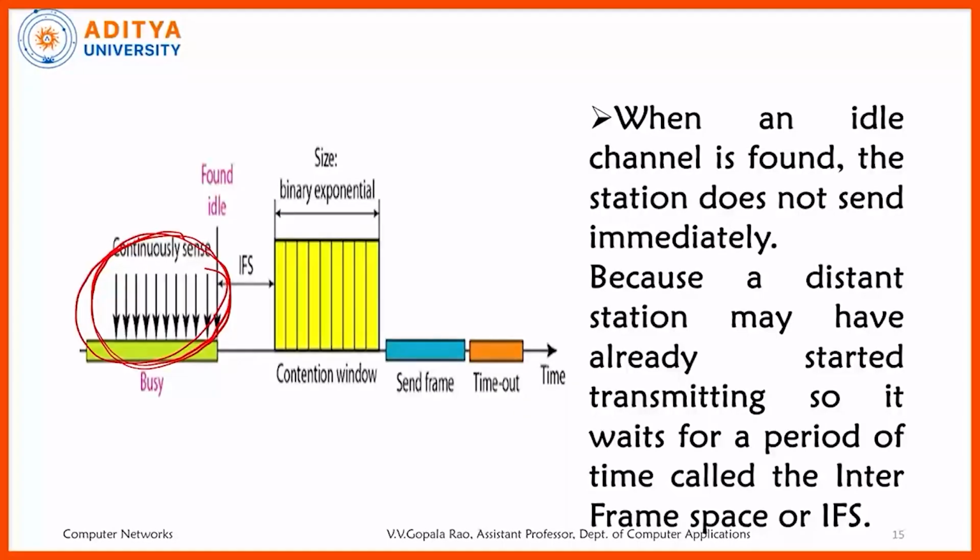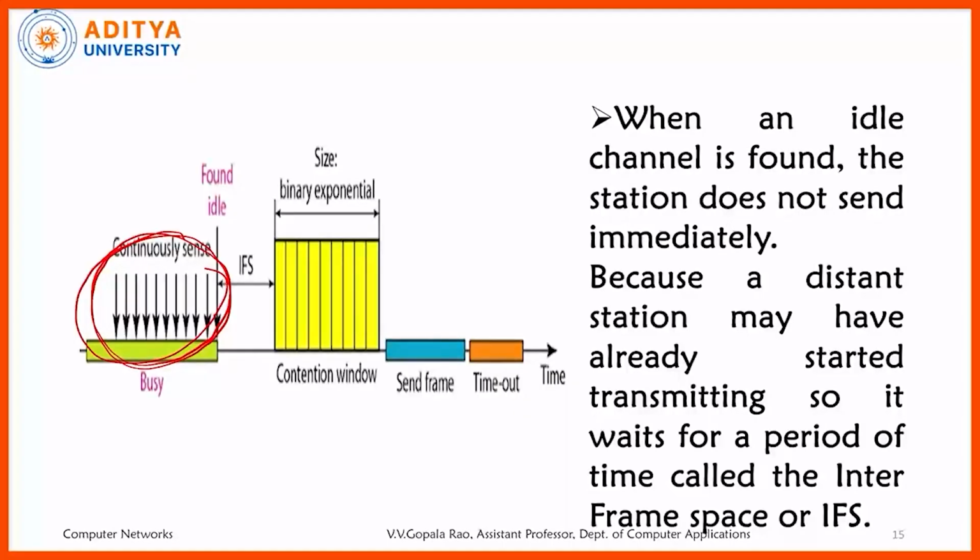Here, if you see the description, when an idle channel is found, the station does not immediately send the information it has, because a distinct station may have already started transmitting. So it waits for a period of time called the interframe space, that is called IFS. I already told you about the effect of propagation delay.